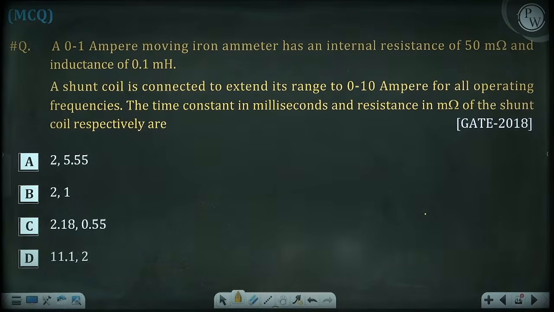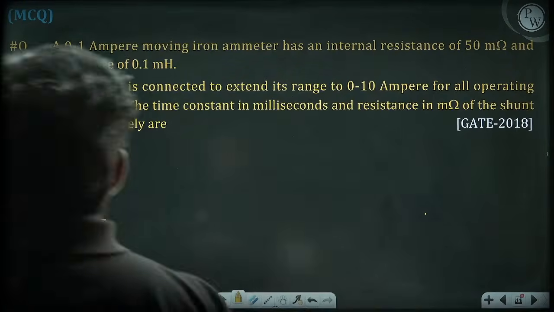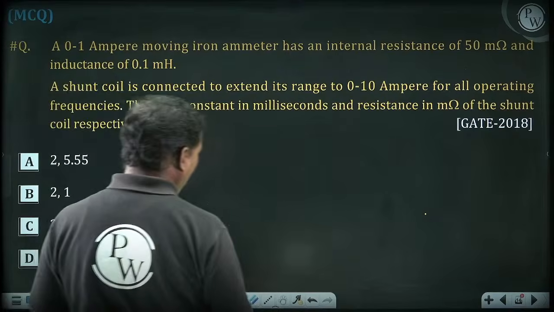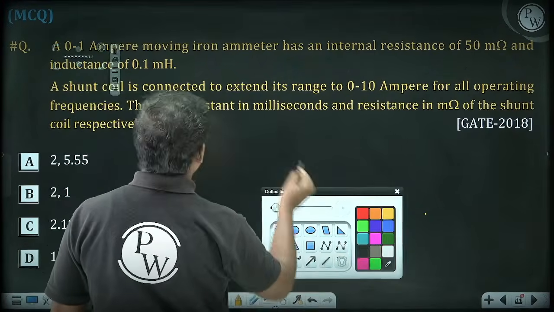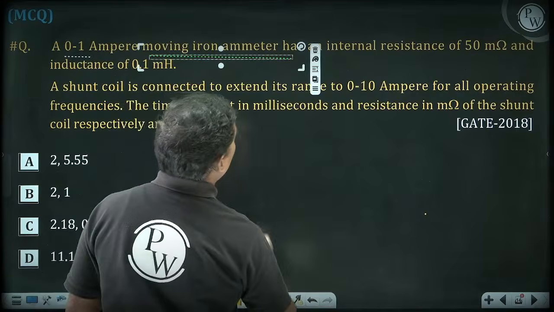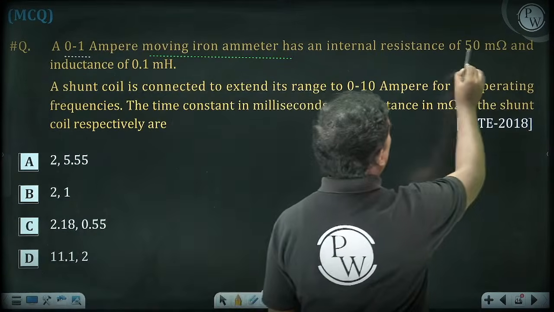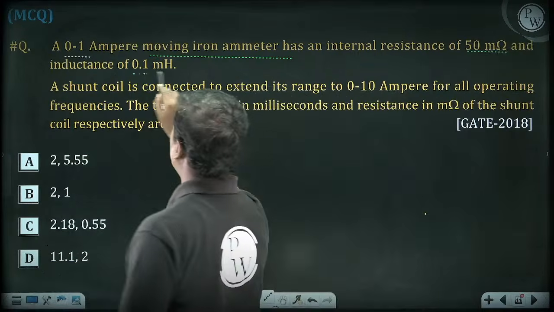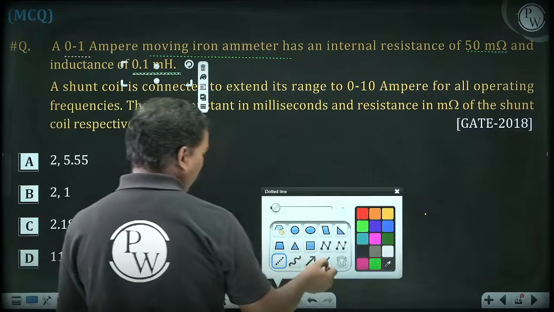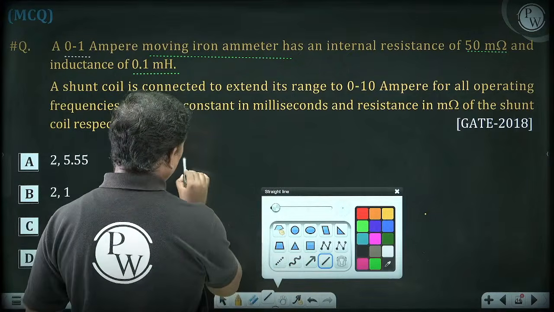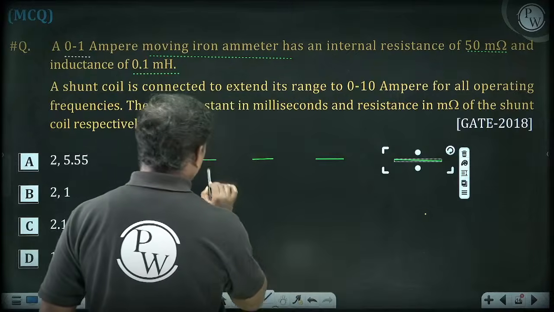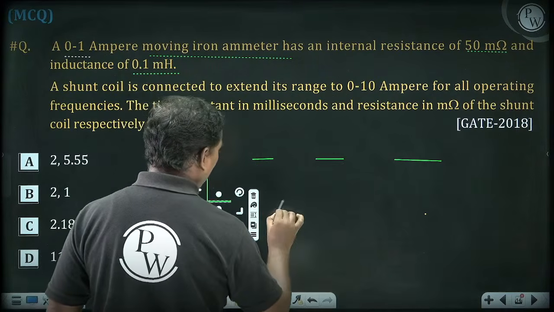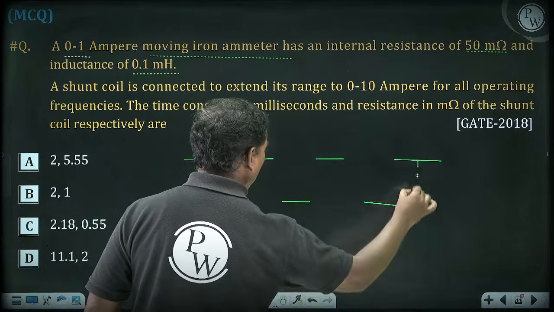Answer. So if you see this question, a 0 to 1 ampere moving iron ammeter has an internal resistance of 50 milliohms and inductance 0.1 millihenry. So if you see now, this is the situation of the Lm and Rm, and in parallel also we are going to have Lsh and Rsh.